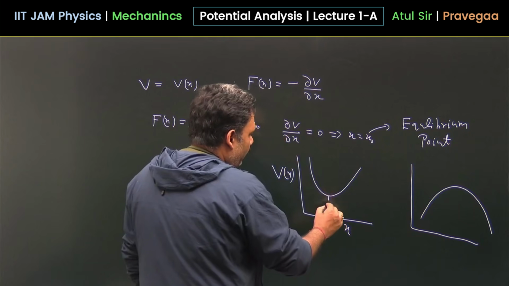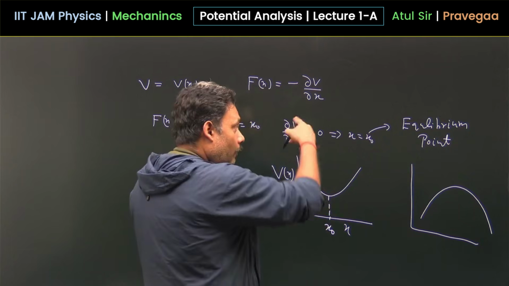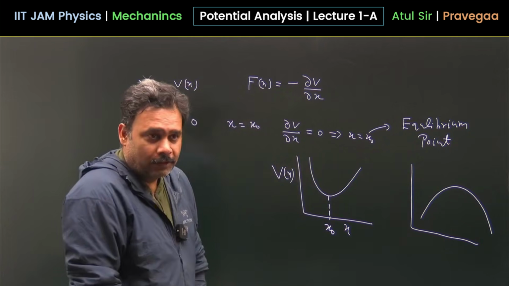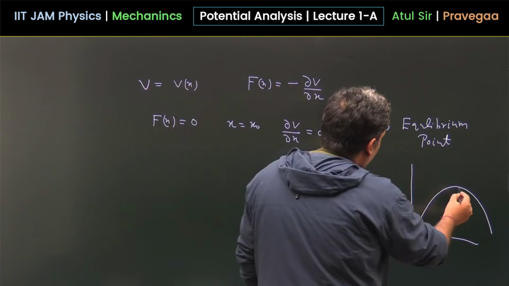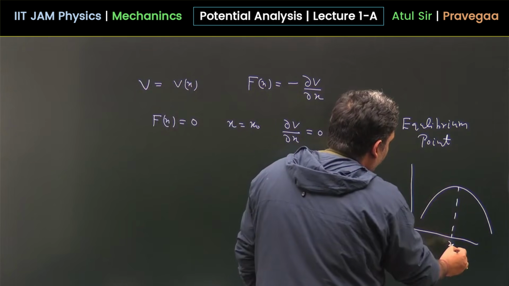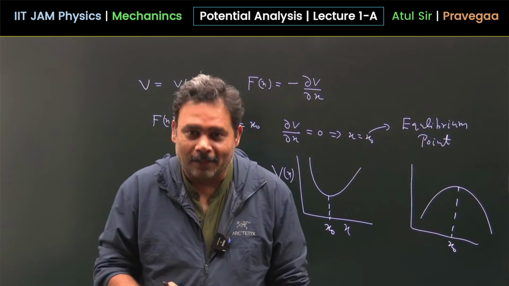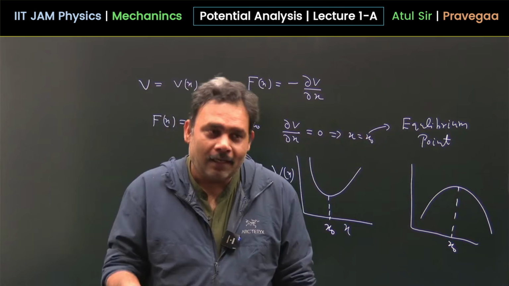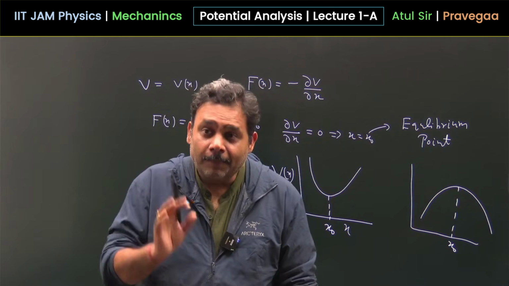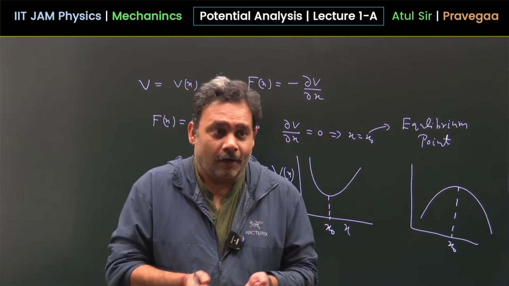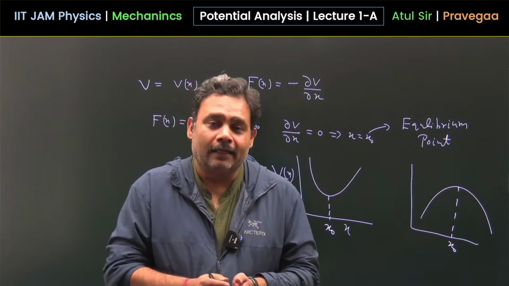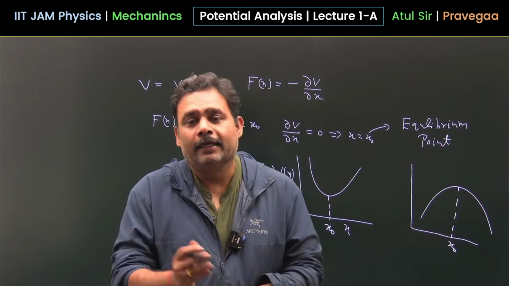So this point is your x naught, your first order derivative is going to be 0, and this point is also an equilibrium point. So don't have the confusion that an equilibrium point always means minima. It may be maxima, it may be minima. But the nature of the equilibrium point is entirely different when it is minima and when it is maxima.